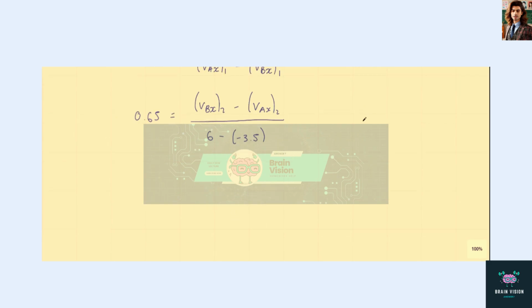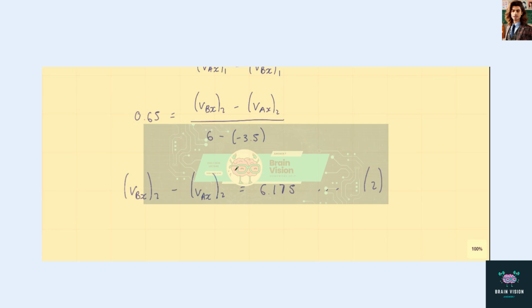And so we're left with VBx2 minus VAx2 is equal to 6.175. And we can call this equation 2.